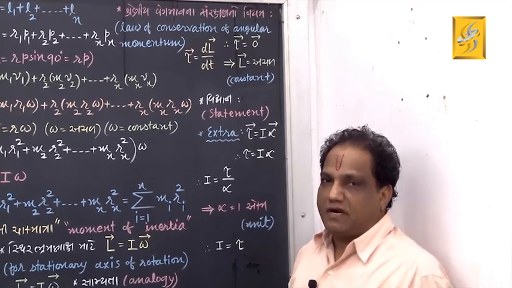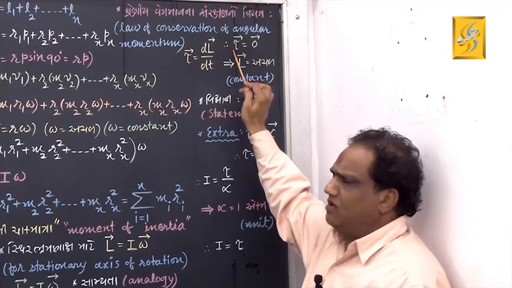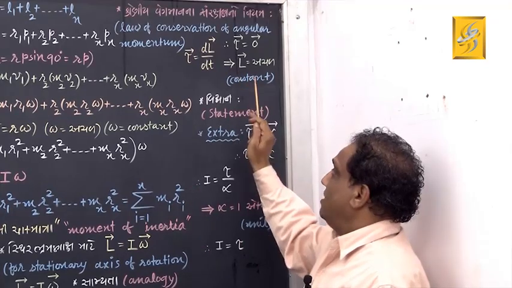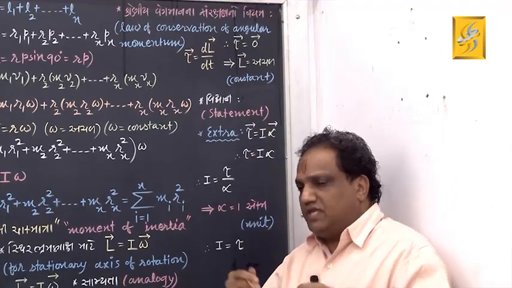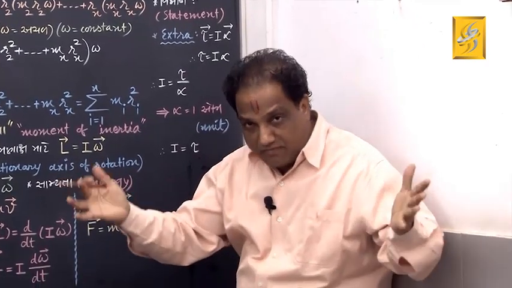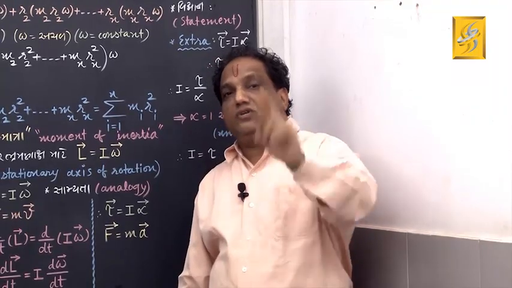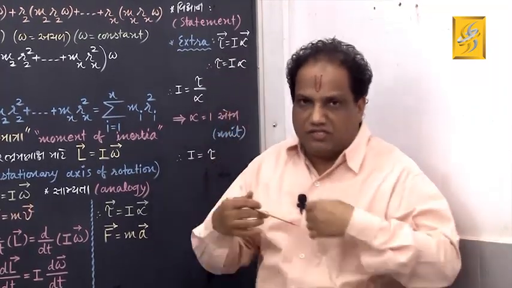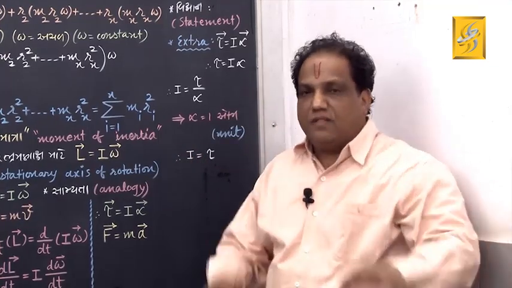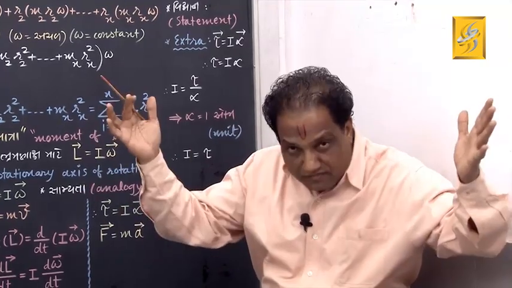Whenever resultant external torque exerted on any system is 0, then its total angular momentum remains constant. This statement is called the law of conservation of angular momentum.